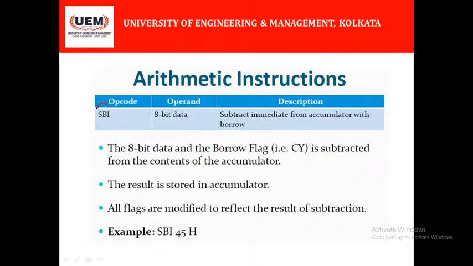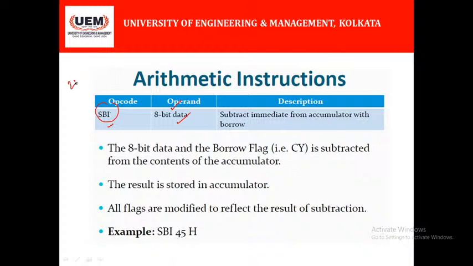So we are talking about SBI. In case of the SBI, there is an 8-bit data, so it is in immediate addressing mode. SBI stands for subtract immediate from accumulator with borrow. Here in the operand field we can specify only one data, either 07 or something like that. So we require 1 byte for the data and 1 byte for the opcode.